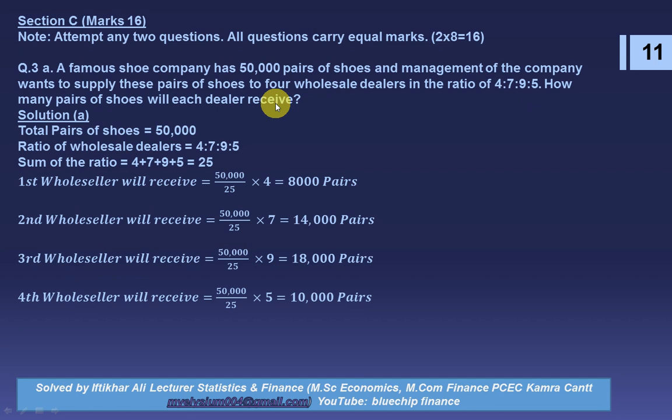A lot of the time we calculated this type of question in previous papers. So simply, first of all, total number of pairs are 50,000 and ratio is 4:7:9:5.